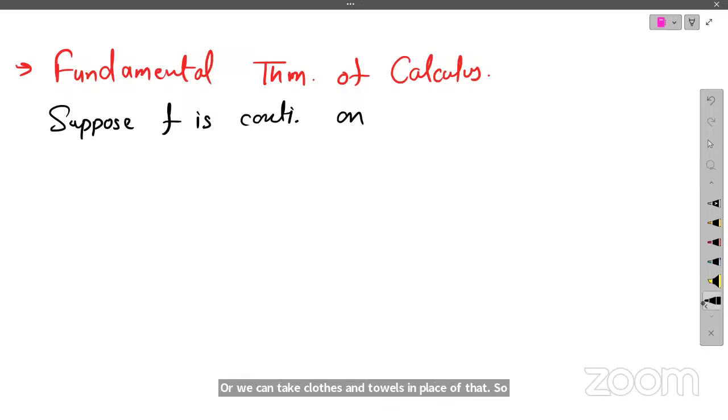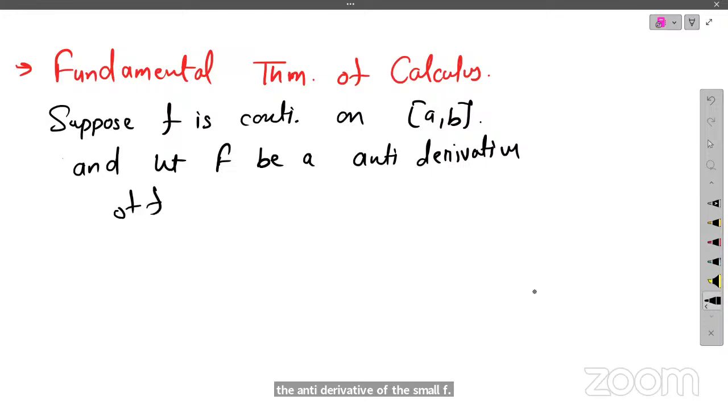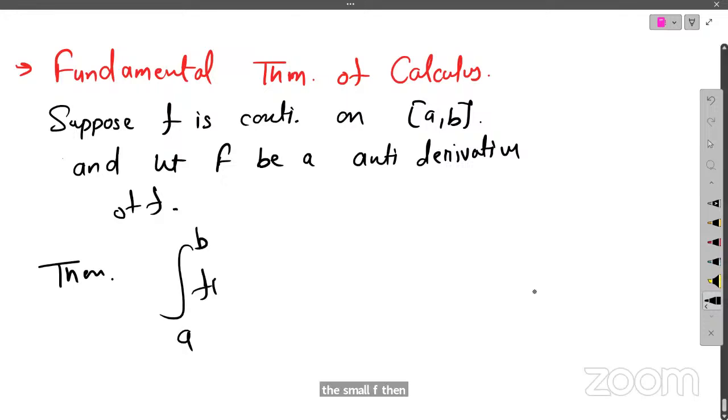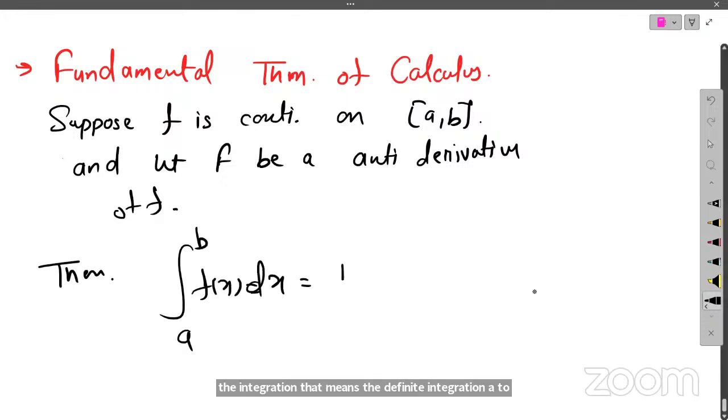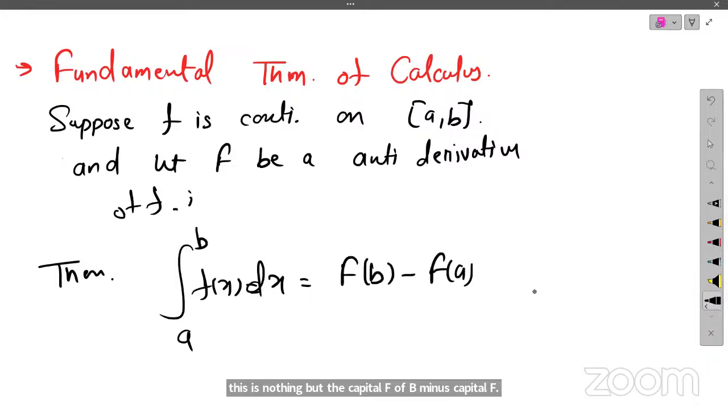Suppose f is continuous on the closed interval [a, b], and let capital F be an antiderivative of the small f. Then the definite integration from a to b of f of x dx is nothing but capital F of b minus capital F of a. Antiderivative of small f means capital F dash is equal to small f.